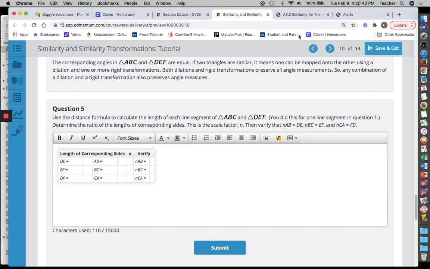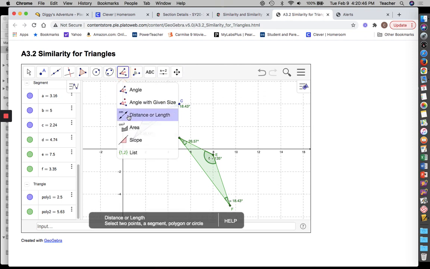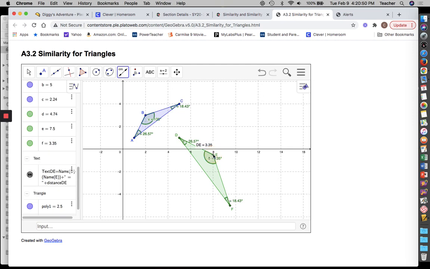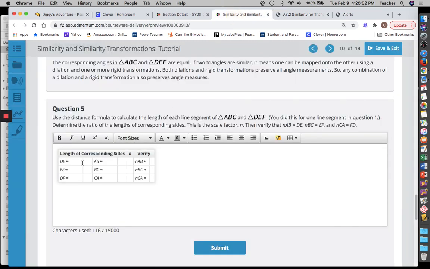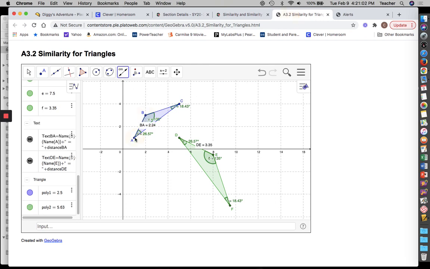Okay, DE. Come back to distance. What did we say DE was? Was it 3.35? Yeah, 3.35. Remember that one. And I know we found AB was, I think, 2.24?